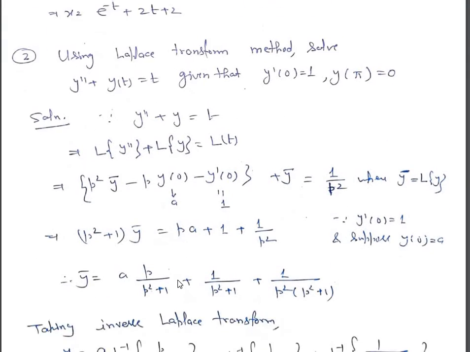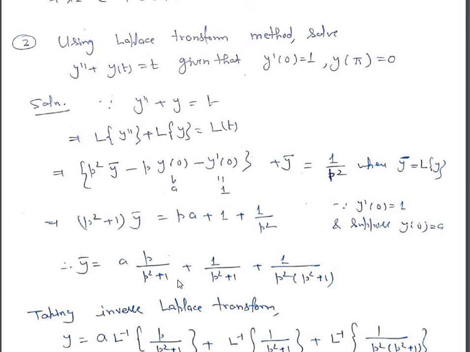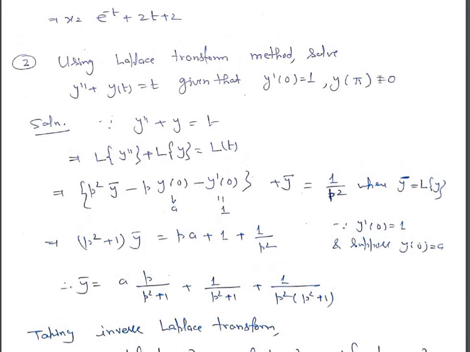Let's take next example. Using Laplace transform method, solve y double dash plus y is equal to t, given that y dash at 0 is equal to 1 and y at pi is equal to 0. So we take Laplace transforms on both sides.